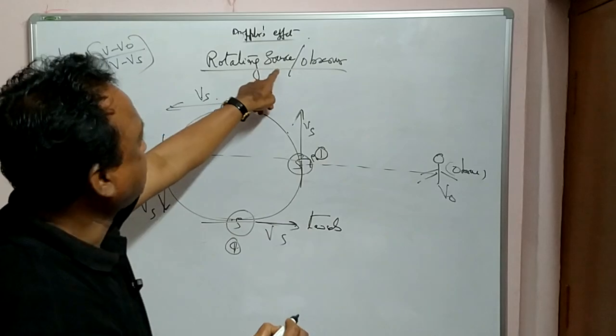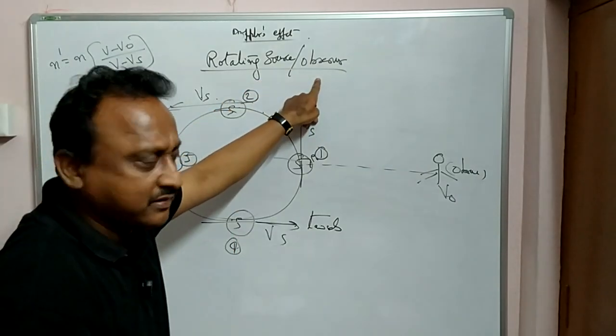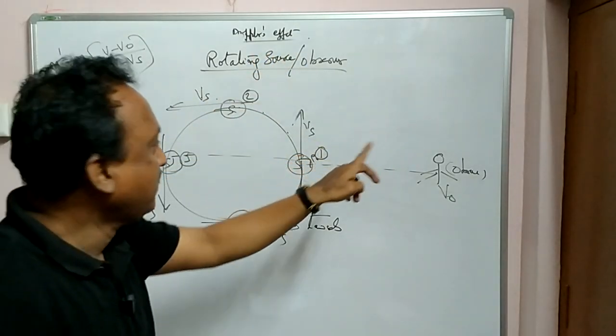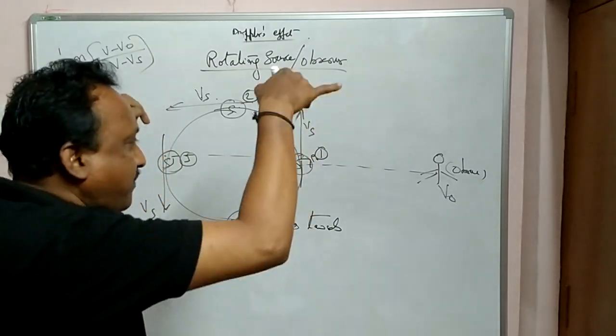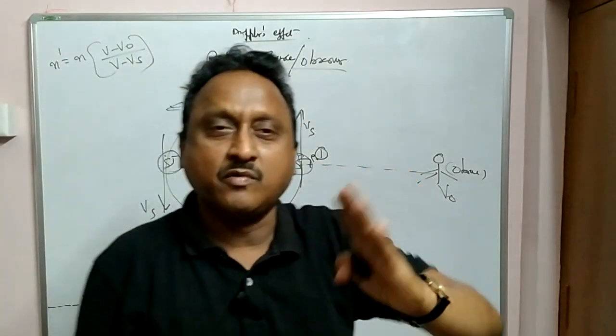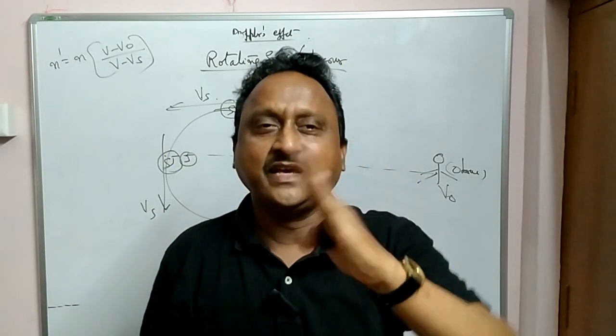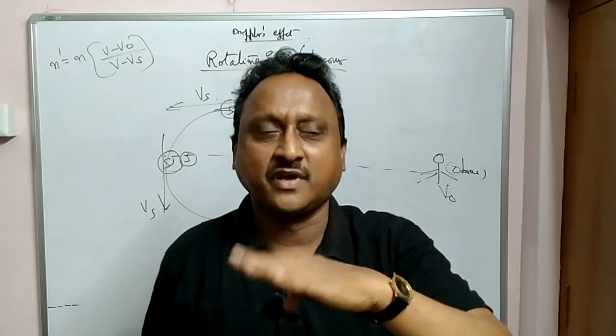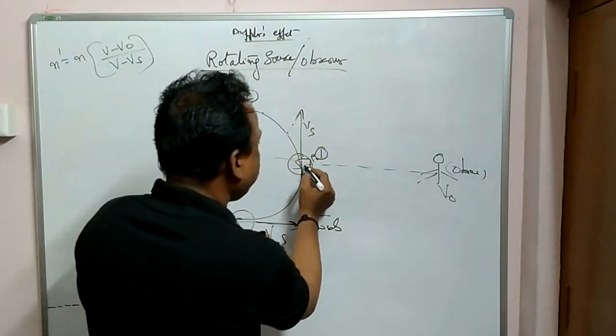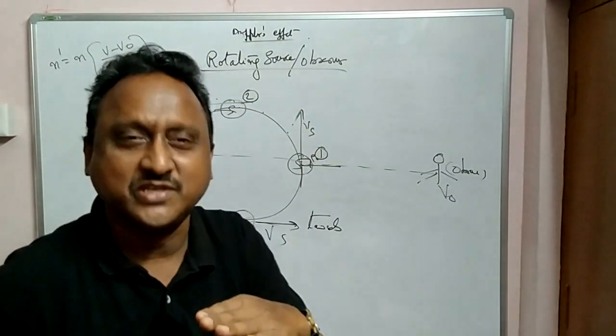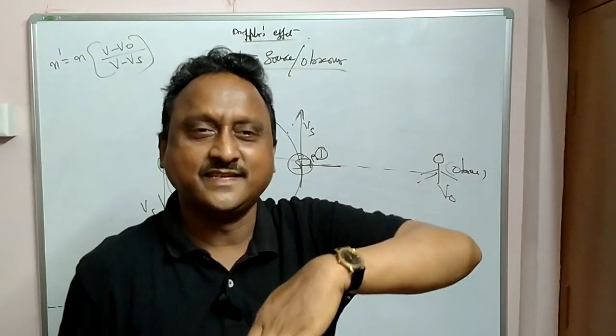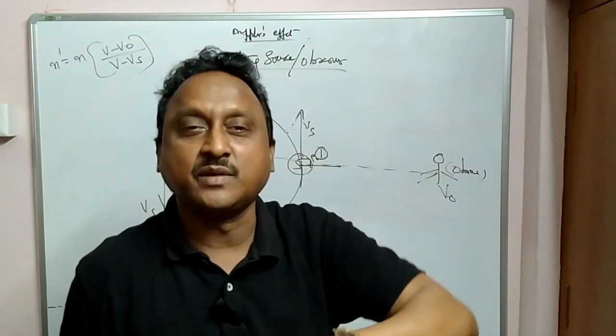When the source is rotating, positions 1 and 3 are perpendicular. When perpendicular, what is the velocity component? V cos 90, sorry, this is the horizontal component, adjacent by hypotenuse.